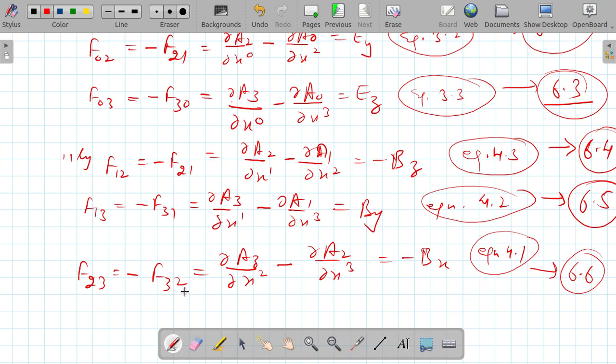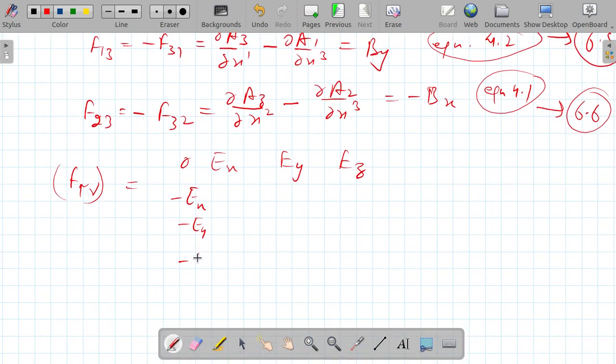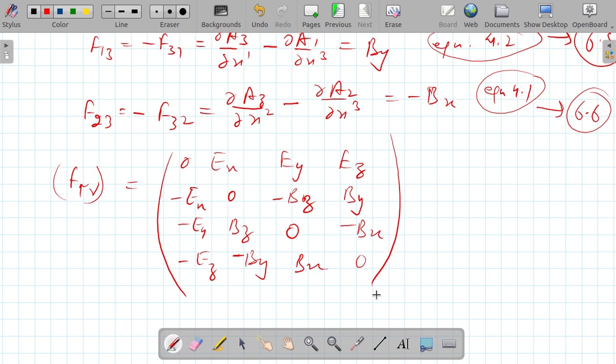So using all these values, equation number 6 will become F mu nu equal to: 0, Ex, Ey, Ez; minus Ex, 0, minus Bz, By; minus Ey, Bz, 0, minus Bx; minus Ez, minus By, Bx, 0, right?